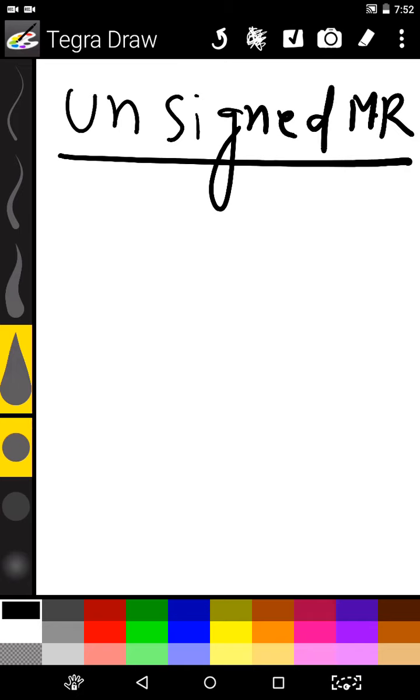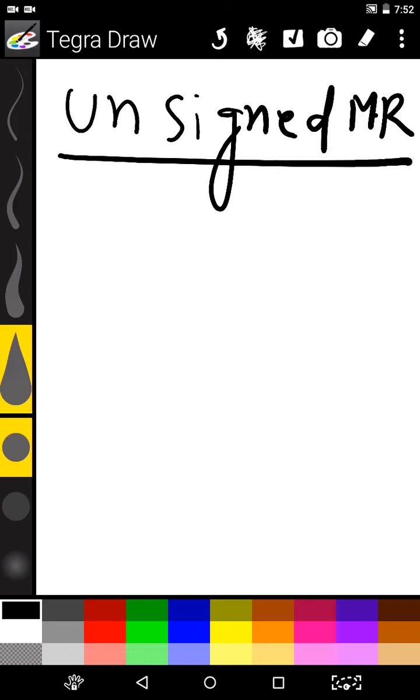That means there is no sign used for the number. If no sign is used for the number, by default the number will be a positive number. No sign required to represent a number means the number is by default positive.